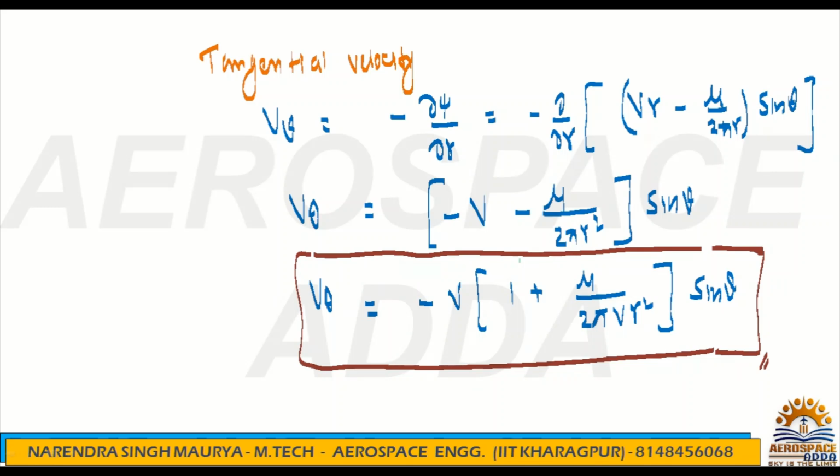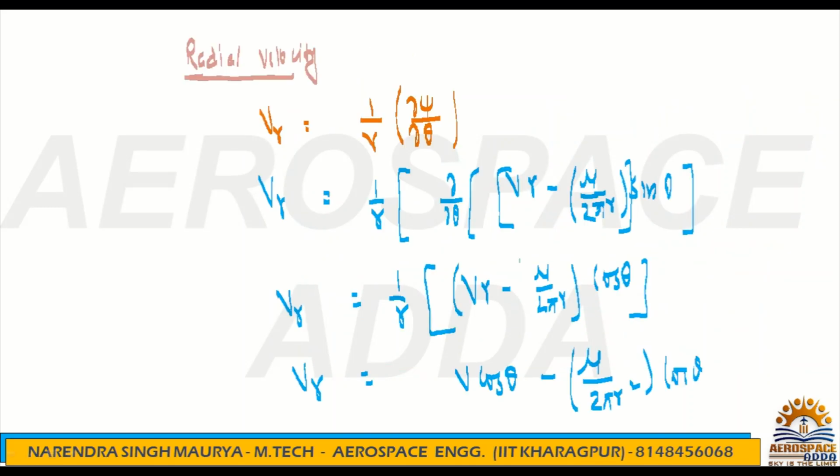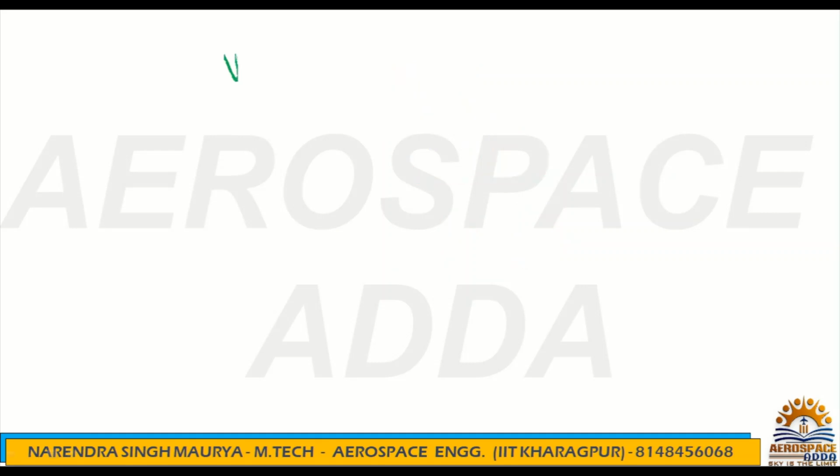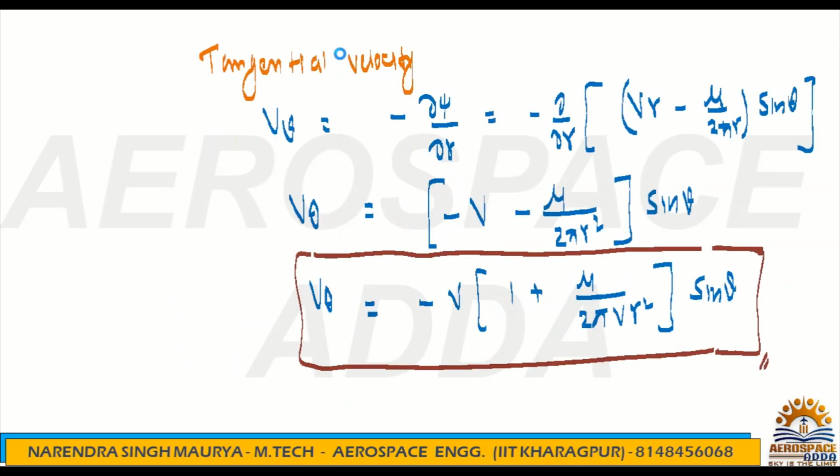Let me write this value of radial velocity. We can take cos theta common, so it's nothing but v cos theta times 1 minus mu. I will write the radial velocity again here. You have the radial velocity, which is nothing but, go back and take v cos theta common.